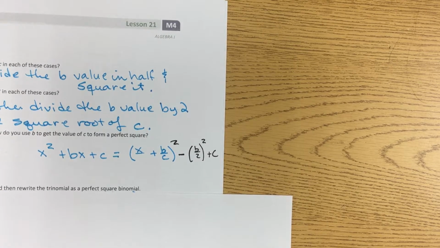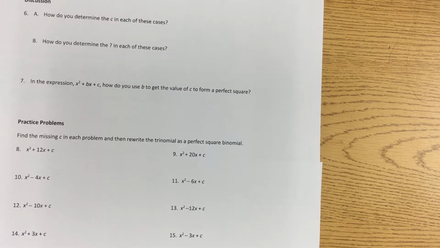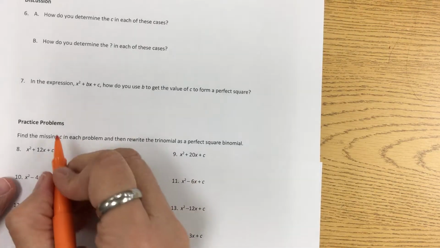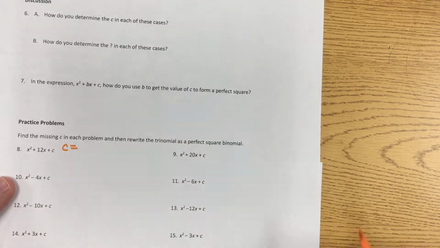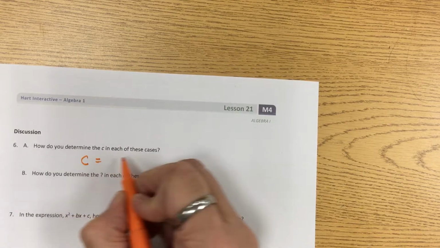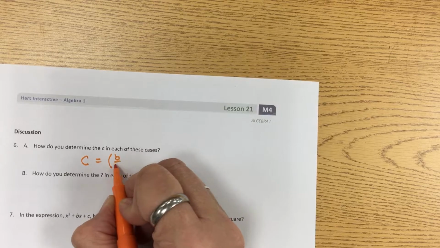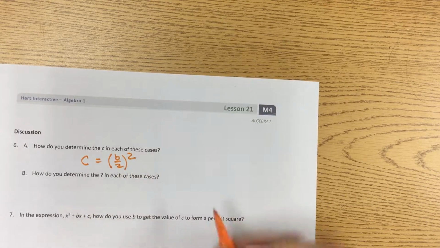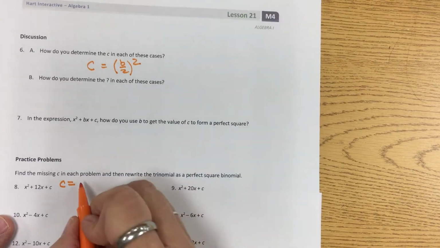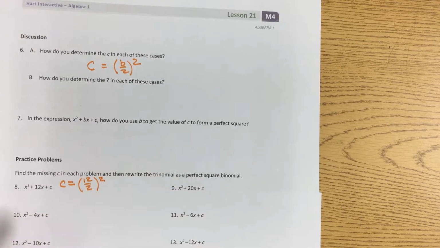So what I want to do right now is some practice problems. We're going to find C, and I'm going to use a different color to find C on this one. We just said a minute ago, in order to find C, that's the same thing as taking b, dividing it in half, and squaring it. So I'm going to take the b value, which is 12, divide it in half, and square it.